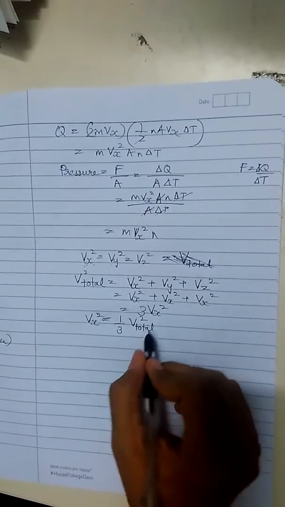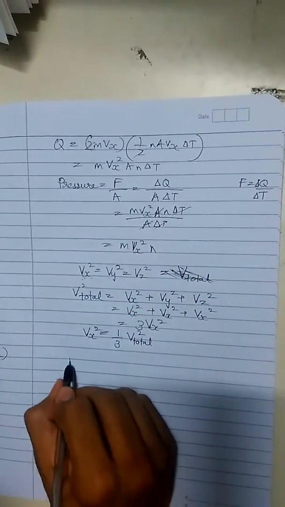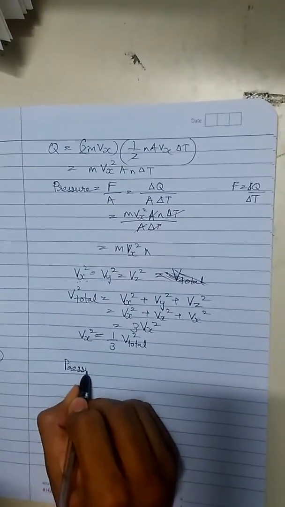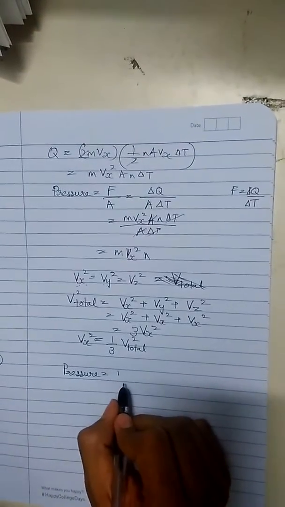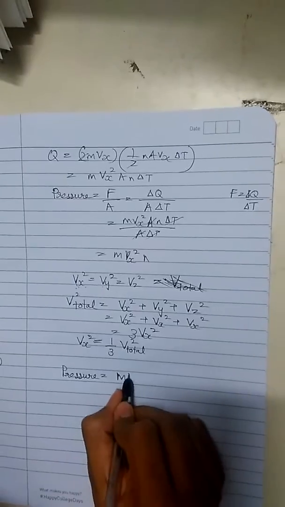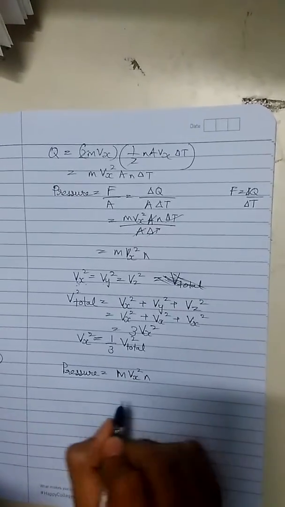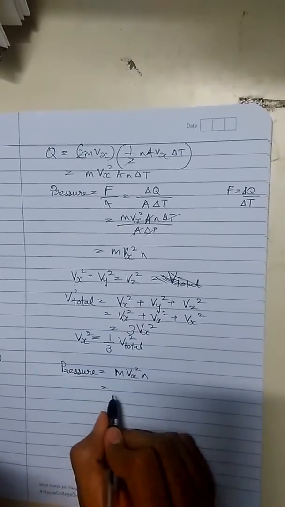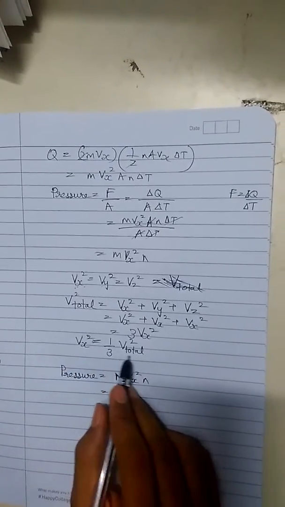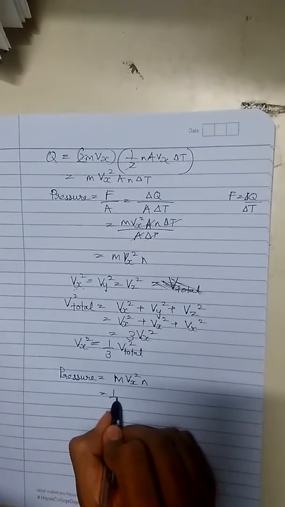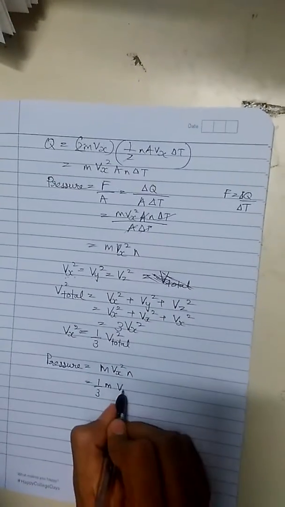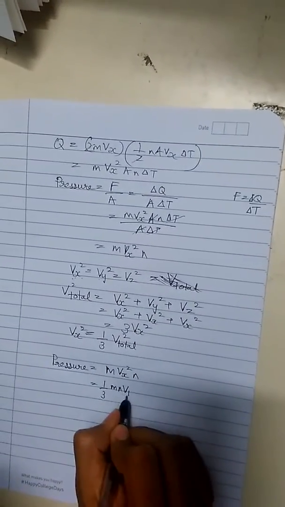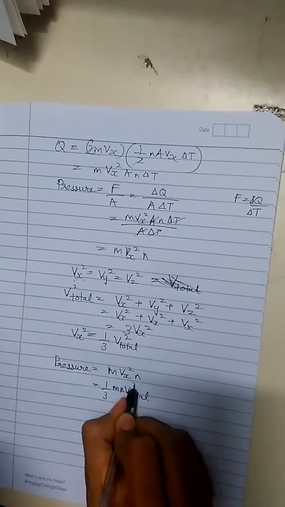Now let us put this value in this equation. So we can write pressure as m Vx square n. Vx square is 1 by 3 V total square, therefore 1 by 3 m n V total square.